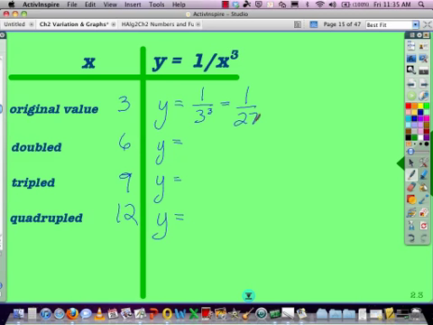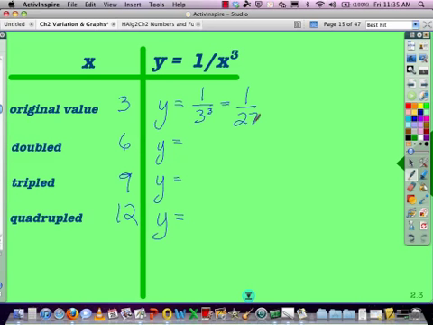I would leave 1 over 27 on my paper, or whatever your number is. You need to pick a number different than 3, and not go to a decimal. Fill this in and come with those numbers filled in on your table for discussion purposes. It'll make it so much easier.